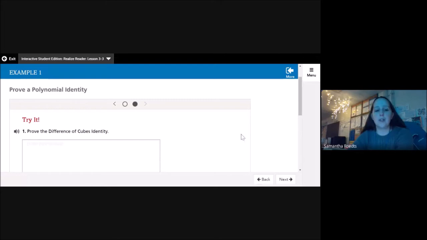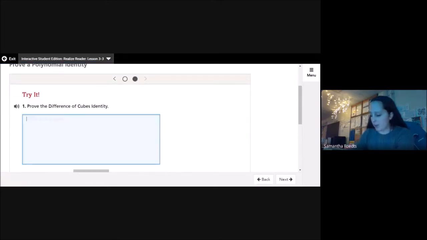All right, so I want to prove the difference of cubes identity. So again, the difference of cubes states a cubed minus b cubed equals a minus b times a squared plus ab plus b squared.